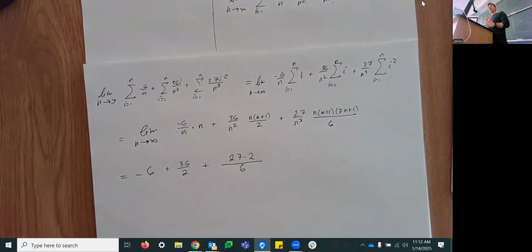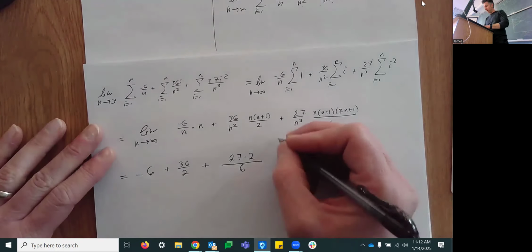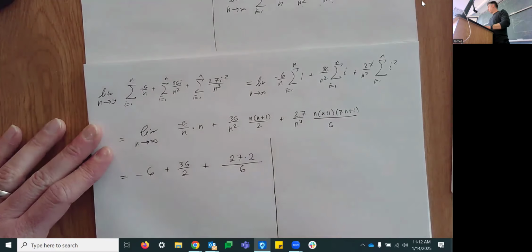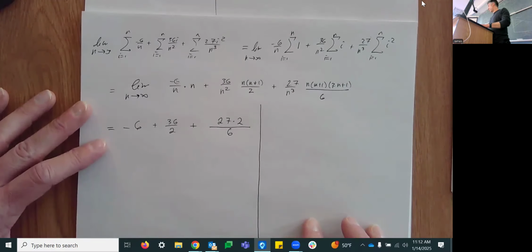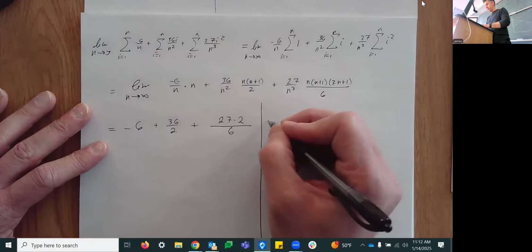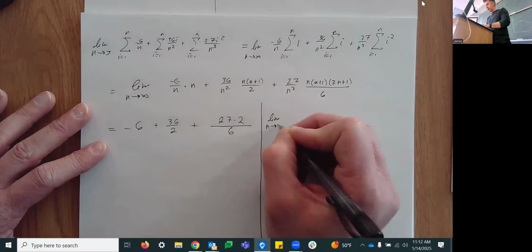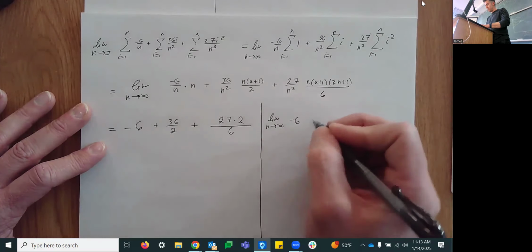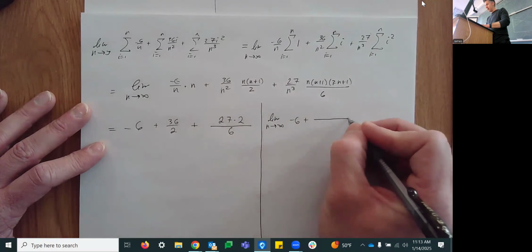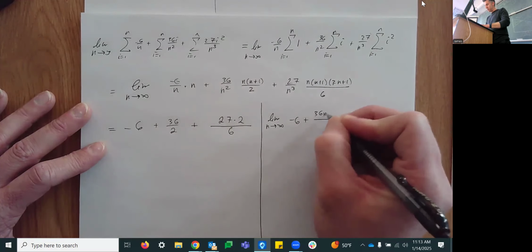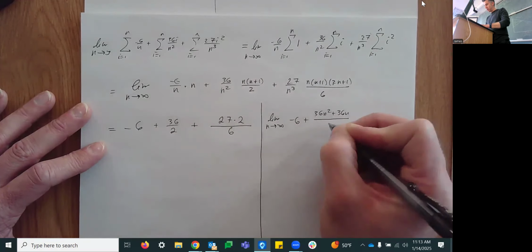The work I'm not doing, but what I will show, but again, I really, really can't stress how much you should not write what I'm about to write, or at least in practice, is we've really got the following. The limit as n goes to infinity of -6 plus, if I actually multiply this out, it's 36n squared plus 36n all over 2.